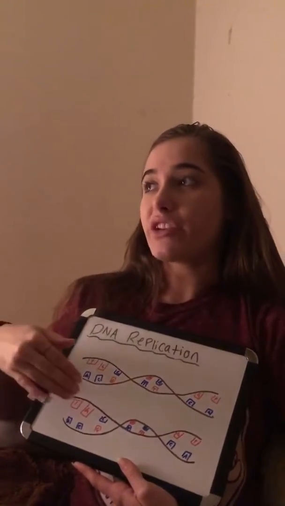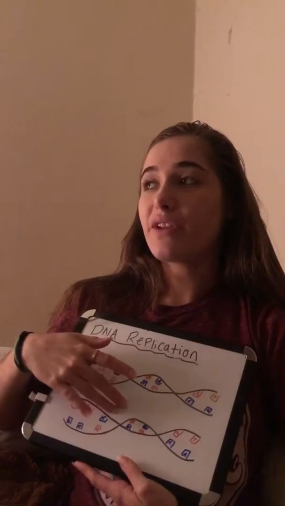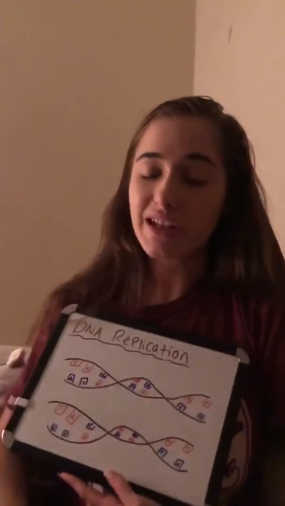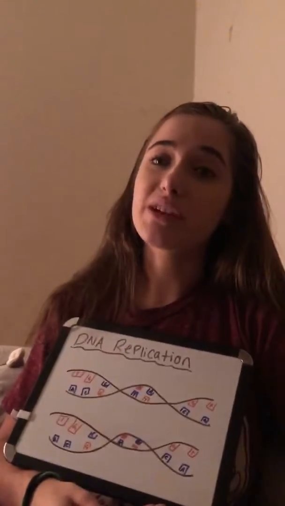This DNA replication is always happening in interphase, or also the S phase, but that is for a different video about cell cycles. But this is the end of DNA replication.